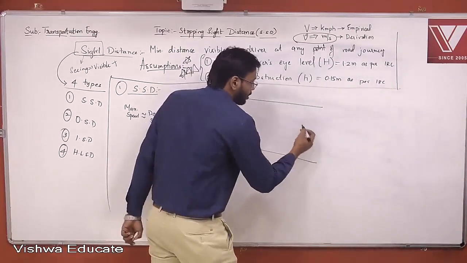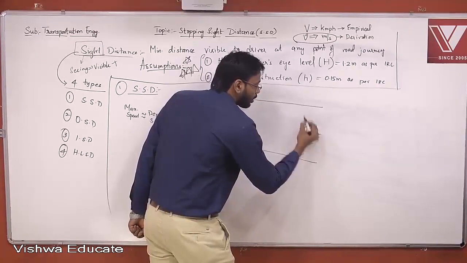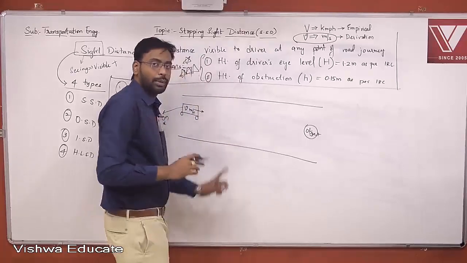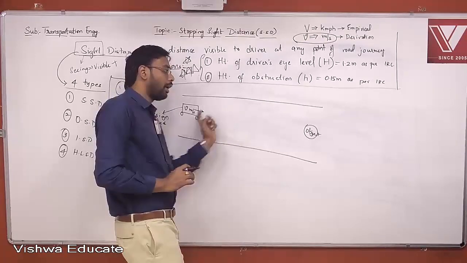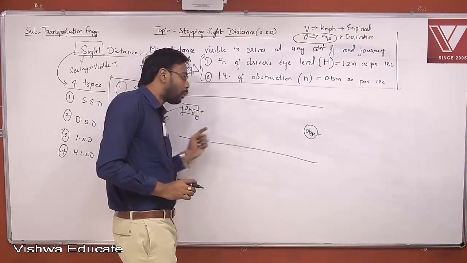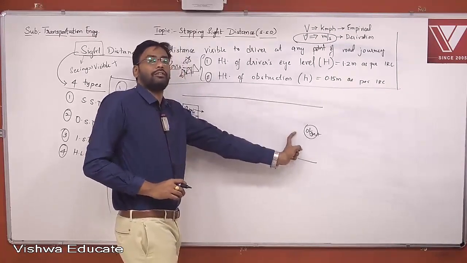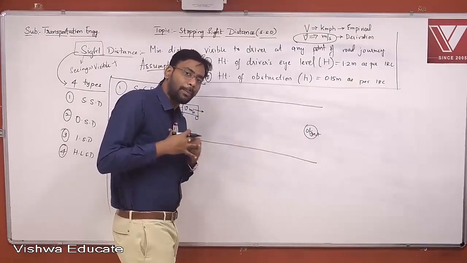Here there is an object, right? So first I have seen this object, and please be careful here. I am in this car and I have seen this object. Now, when I am seeing this object and analyzing whether it is an obstruction or not, have I applied any brake?